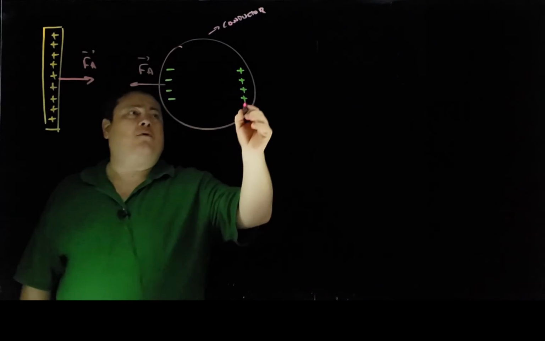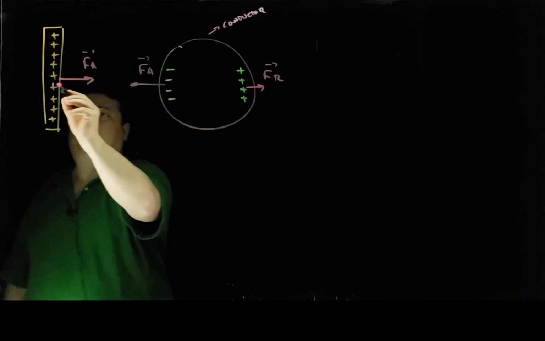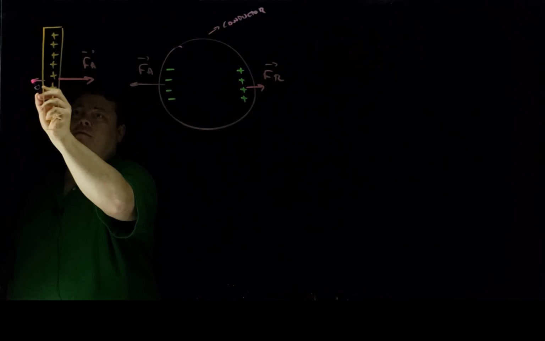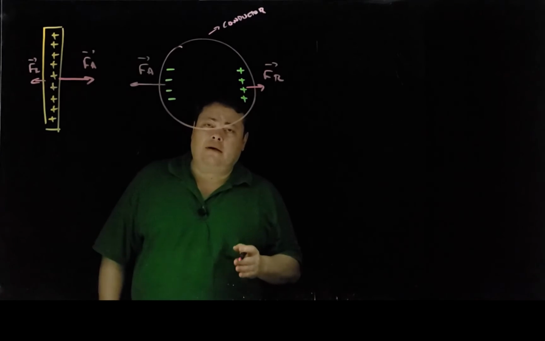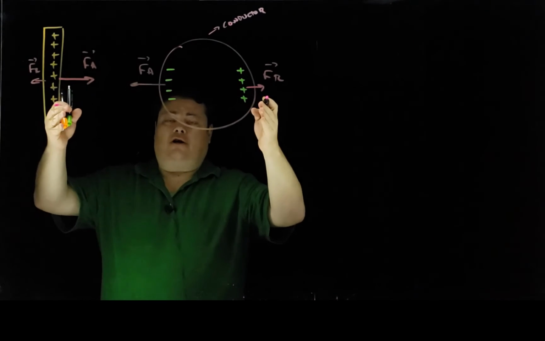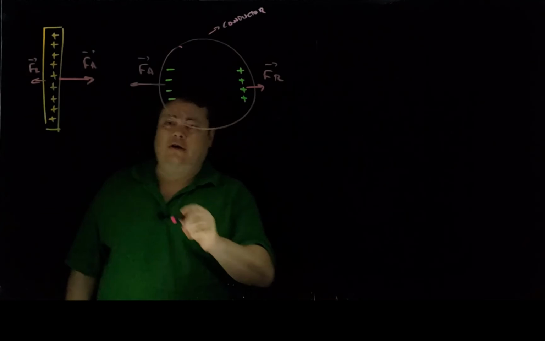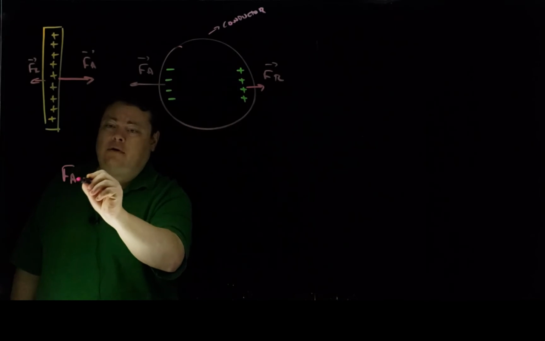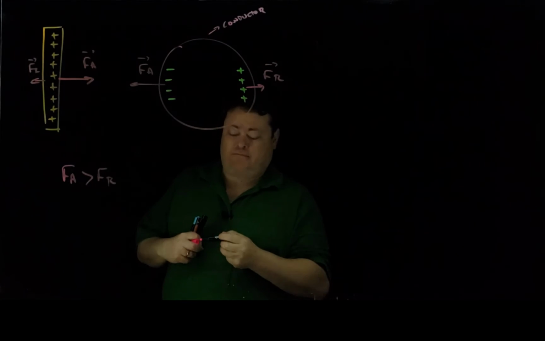So I'm going to have here a repulsive force and here a repulsive force. But because the like charge is further out when compared to the opposite charge, the attractive force is always more intense than the repulsive force on this system.